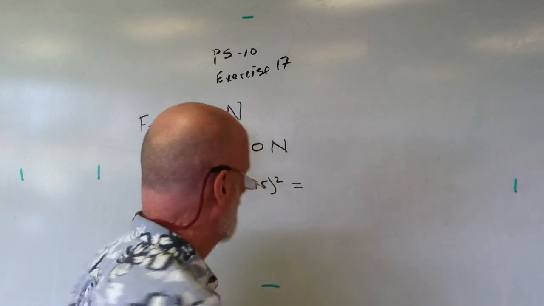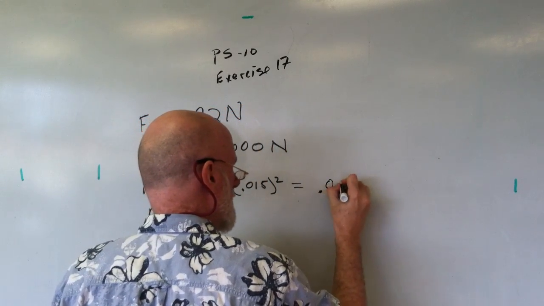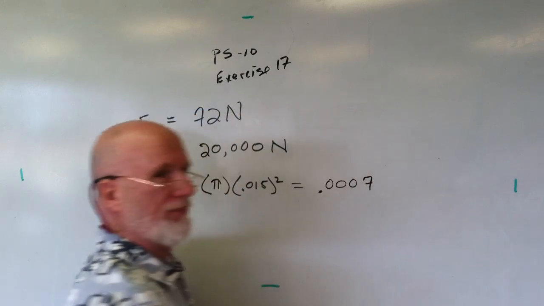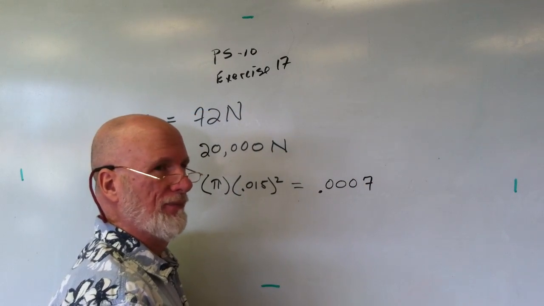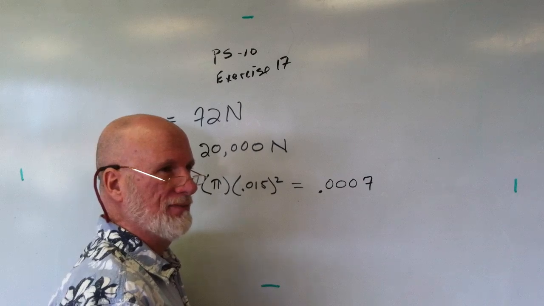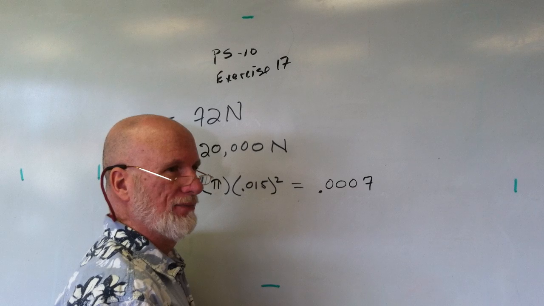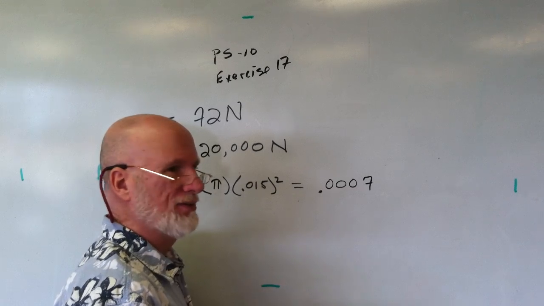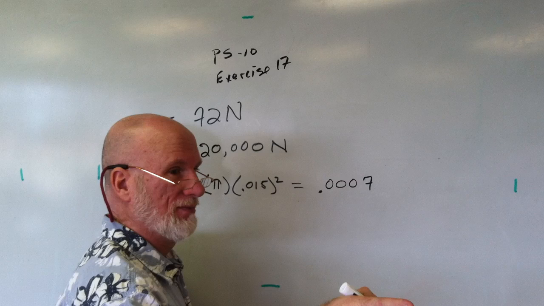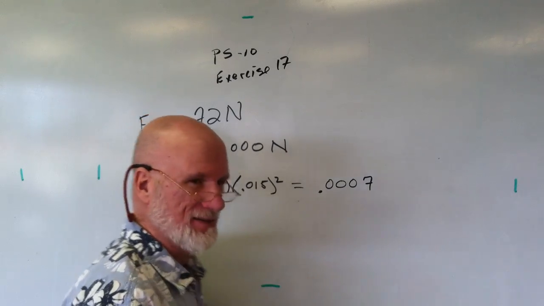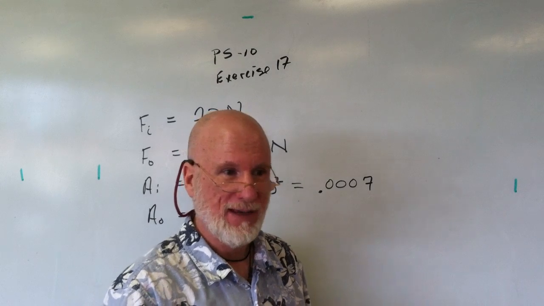What do you got? 0.0007 what? Pounds? Kilograms? Meters? I'm not asking you. I'll ask somebody else. Anybody? Area?